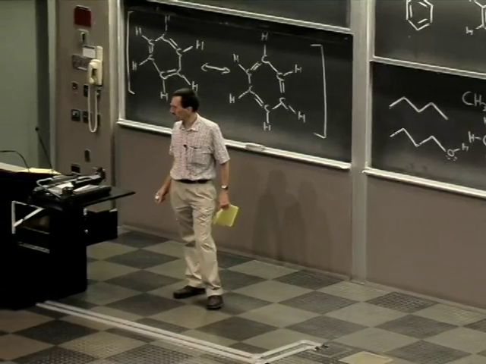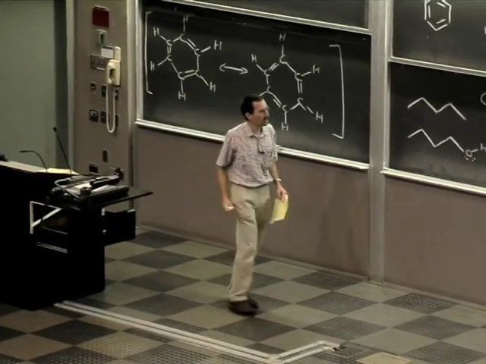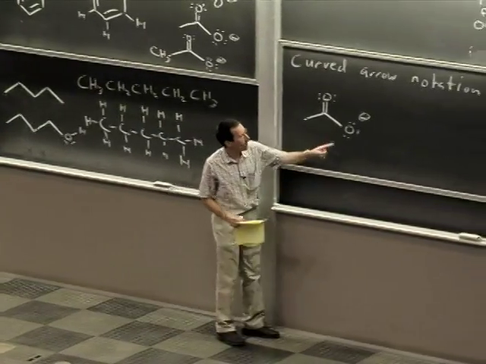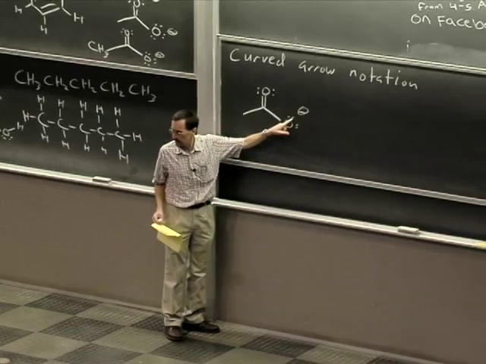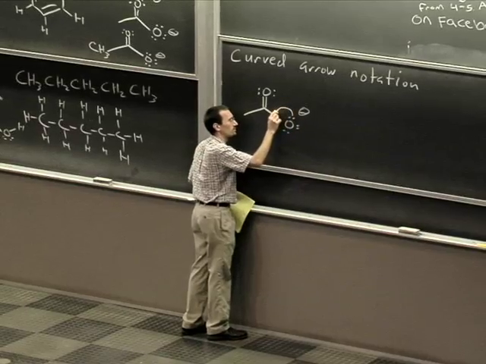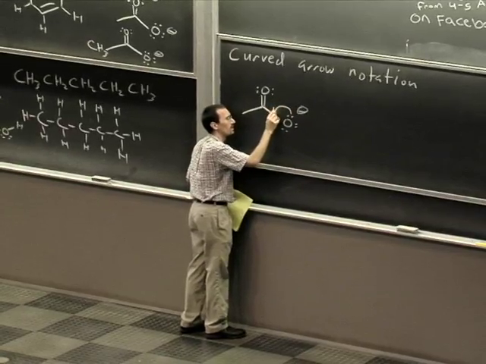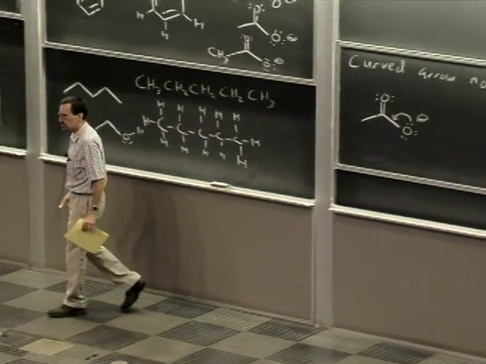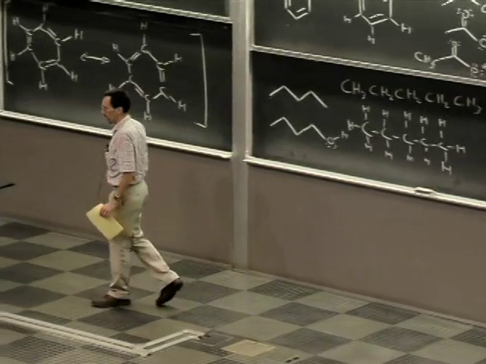And if I want to think about how to get to the other resonance form, I can just imagine one pair of electrons on this oxygen, one lone pair, flowing into the carbon-oxygen single bond. That's going to make a double bond.